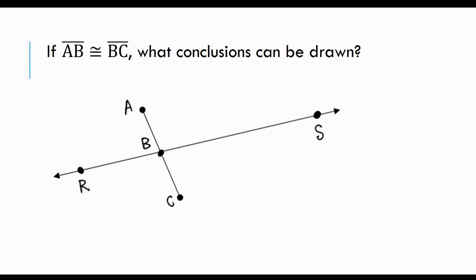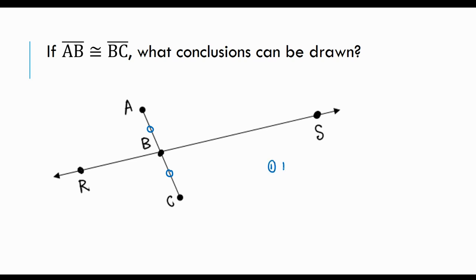In this next one, it says if the segment AB is congruent to the segment BC, I'm going to mark it. So here are my markings indicating that those two are congruent. It says what conclusions can be drawn. Because those are congruent, B is the point in the middle of that segment.